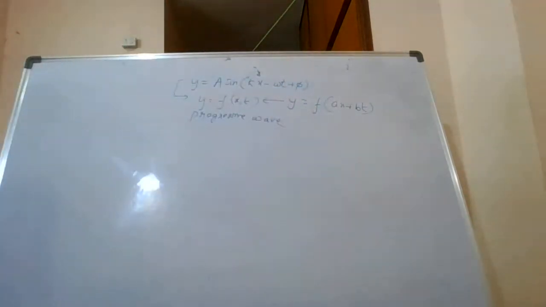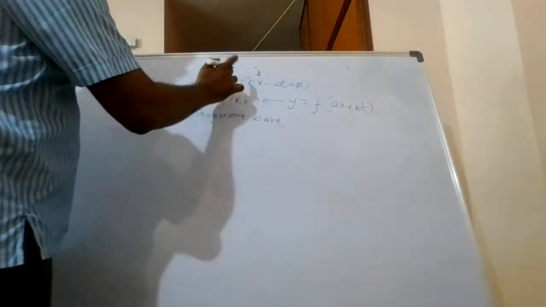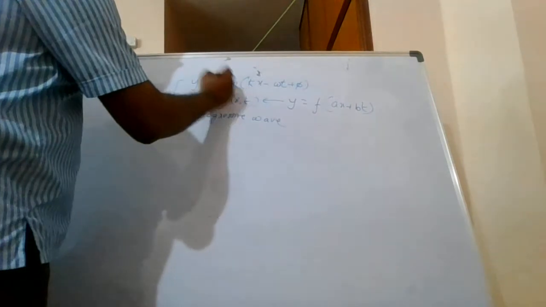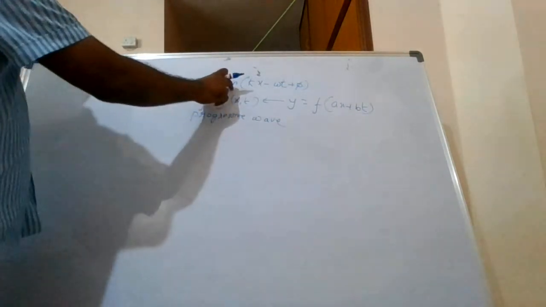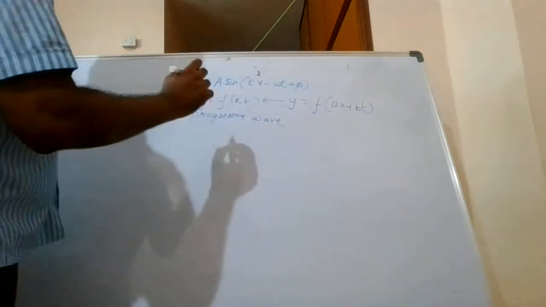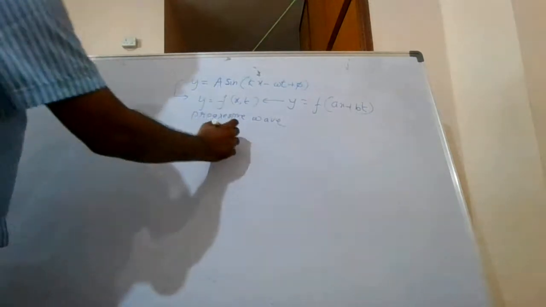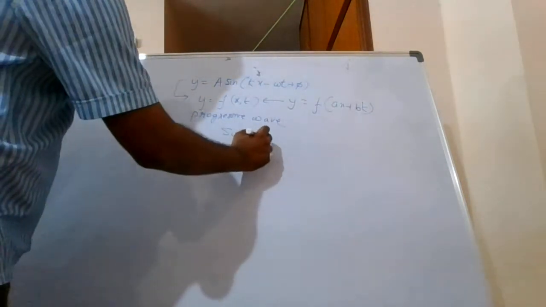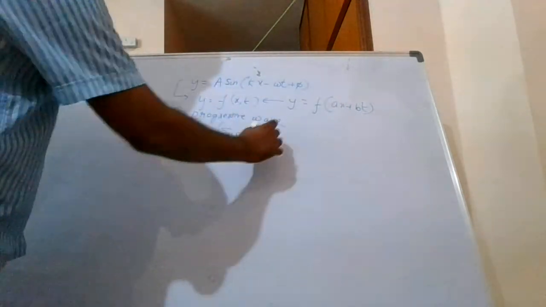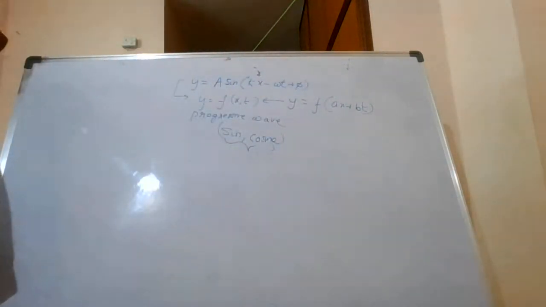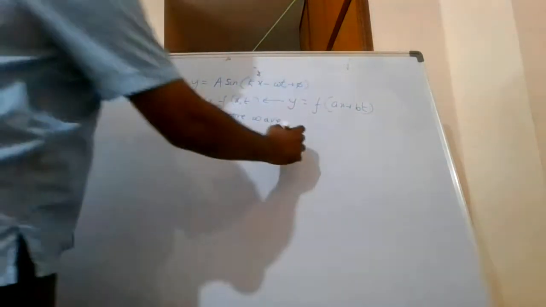Okay, so here we have got some terms. This is a sine function, a trigonometric function. Now this sine function or a cosine function is a periodic function. When you talk about sine or cosine functions, quite frequently you will be coming across these two. They are periodic functions.